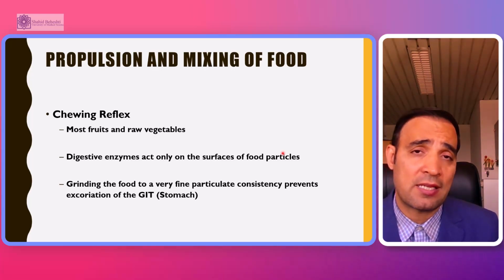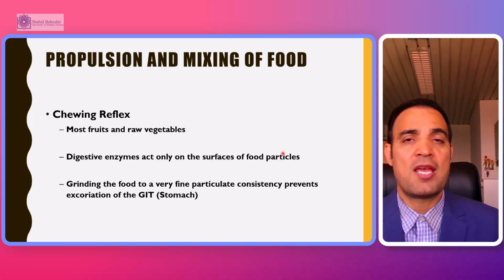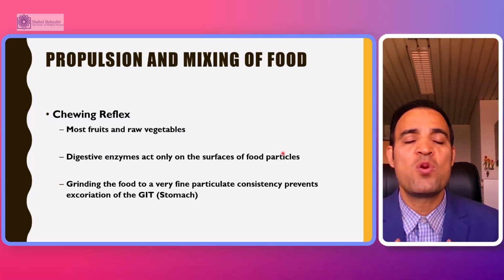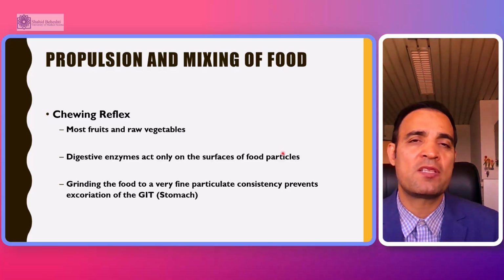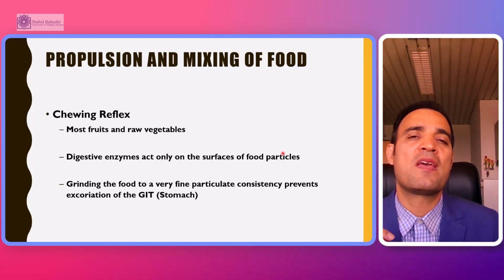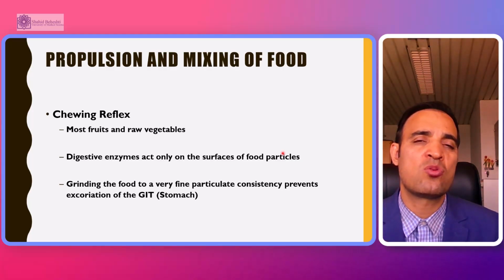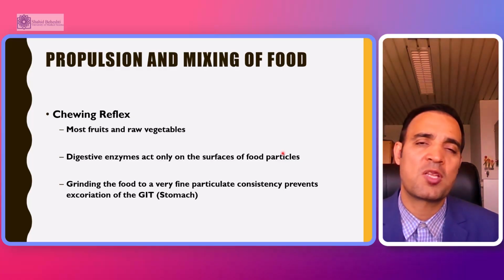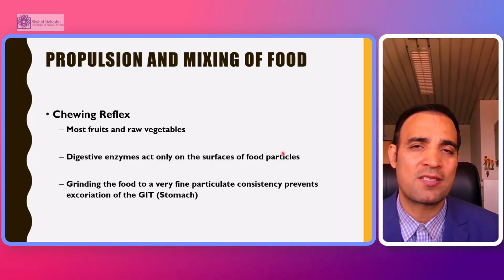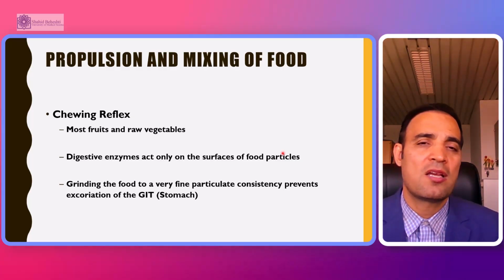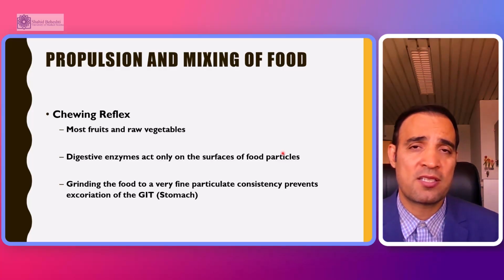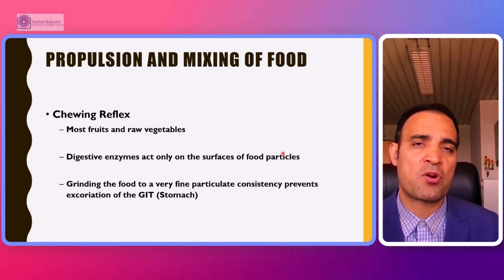And for this reason, this is an important point. Those who have a problem with their teeth and therefore do not do the chewing mechanism correctly and completely have problems with the gastrointestinal system, particularly aged persons whose teeth have problems.